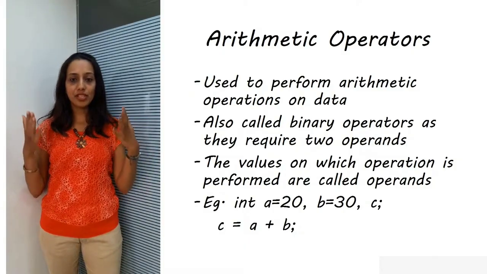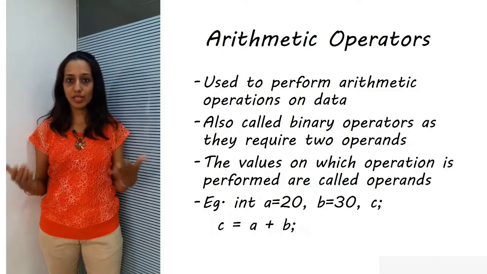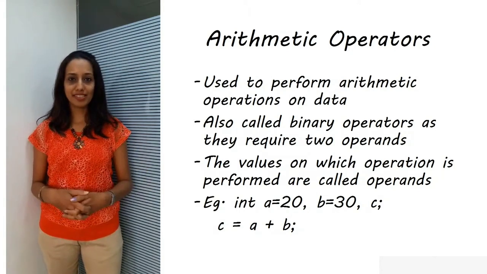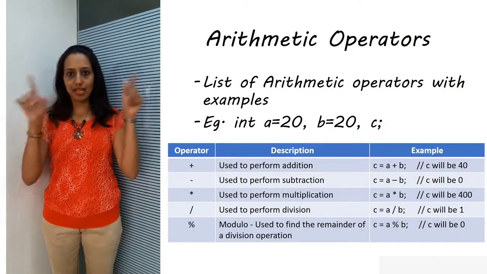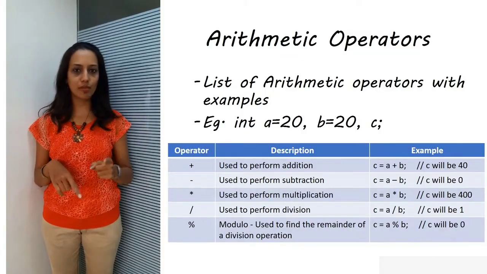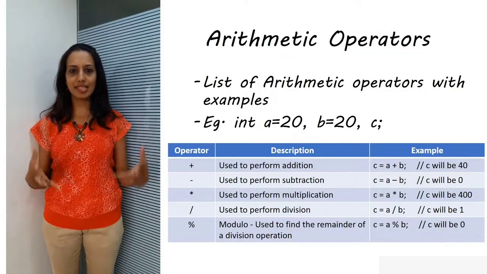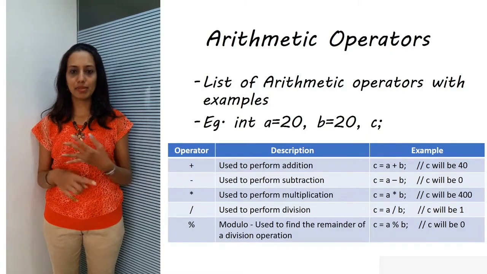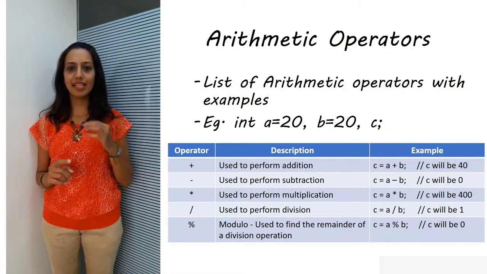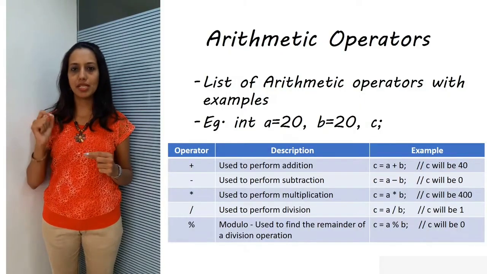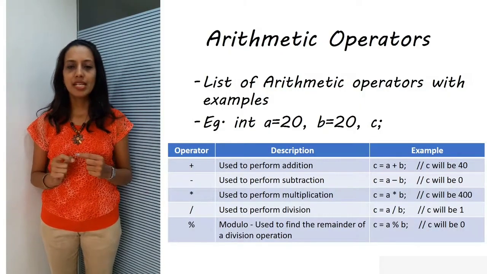Okay, so we are going to see next how many arithmetic operators are supported by Java. To better understand these operators, on screen you can see a table that lists all the arithmetic operators supported by Java. You can see very well-known symbols: the plus, the minus, the multiplication, and division symbols, and the last one, which you might mistake for percentage, but in Java it's the modulo operator.